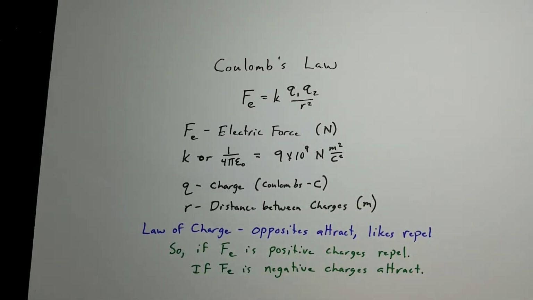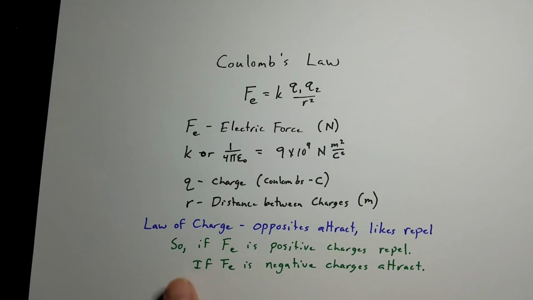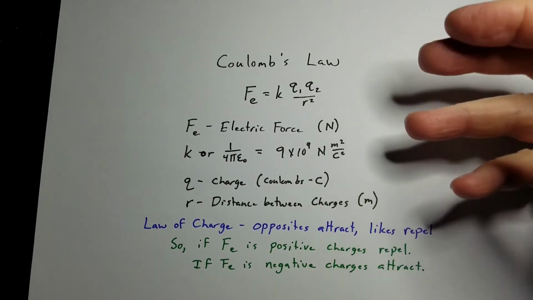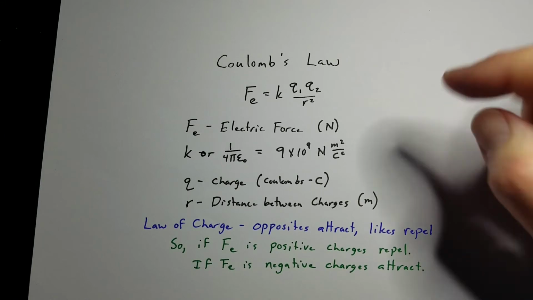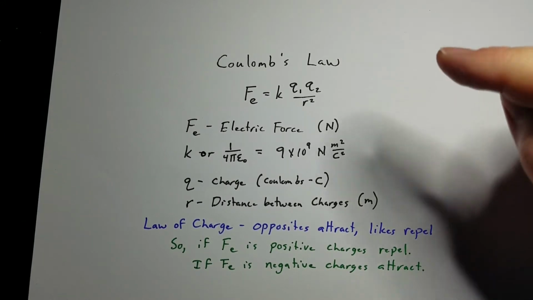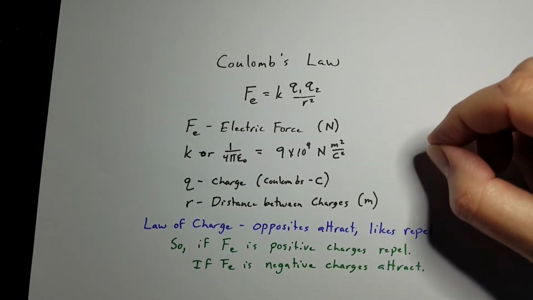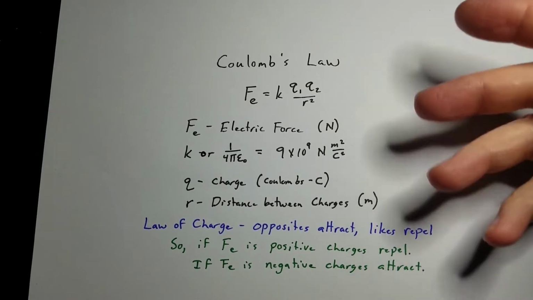And here's the important thing, there's also the law of charge, where opposites attract and likes repel. Because unlike gravity, as far as we know, gravity is just an attractive force, but with Coulomb's law, the forces can attract or repel, either one.